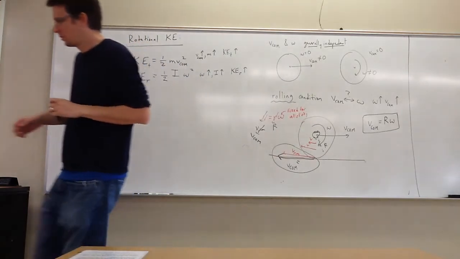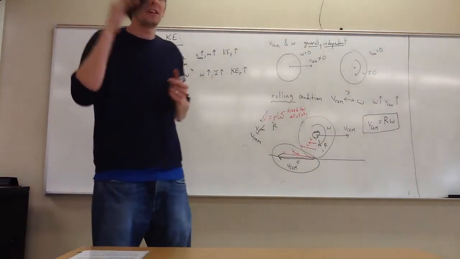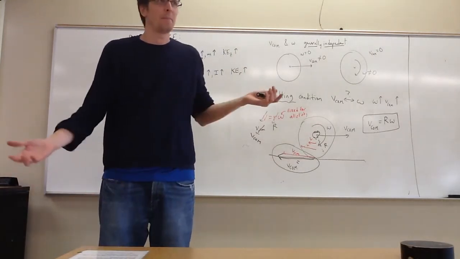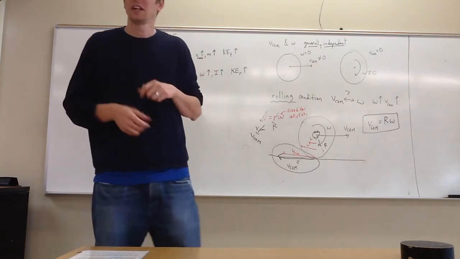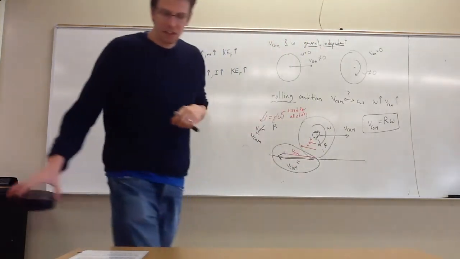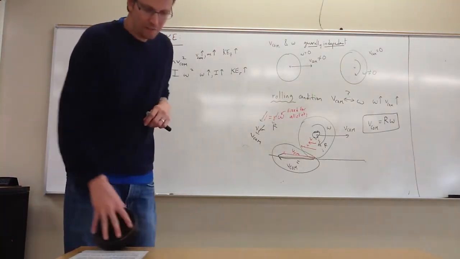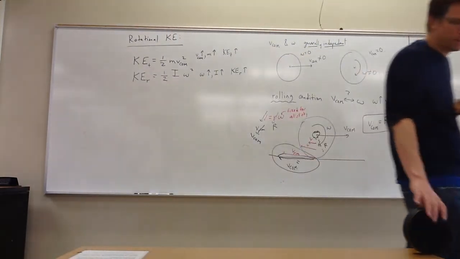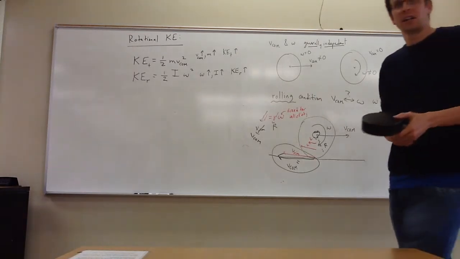Let me give you an example. If I take this disk and I slide it, it's no surprise that it rapidly comes to a stop because kinetic friction steals that kinetic energy and turns it into heat. If I give it a nice modest push, it doesn't go very far. If I roll it, it can easily make it to the end of the table and beyond. So rolling is a way to guard against friction.